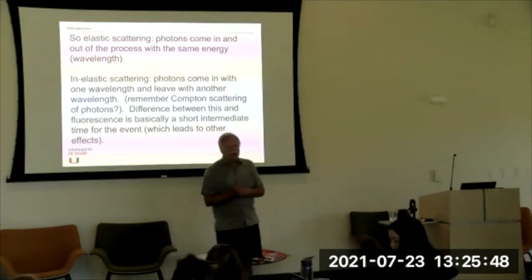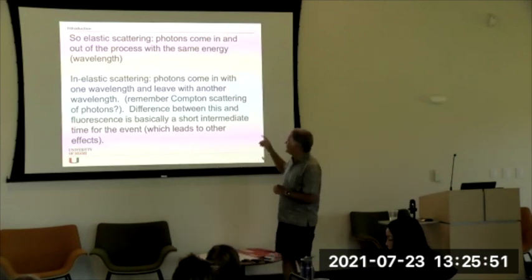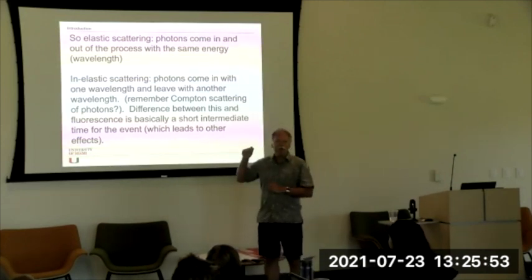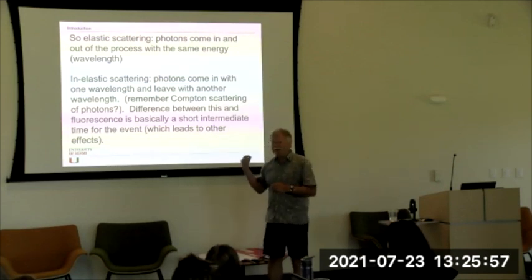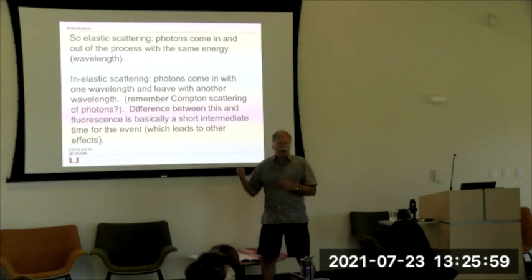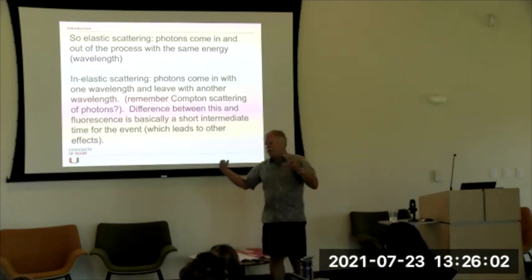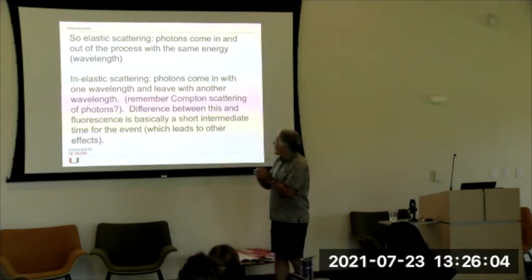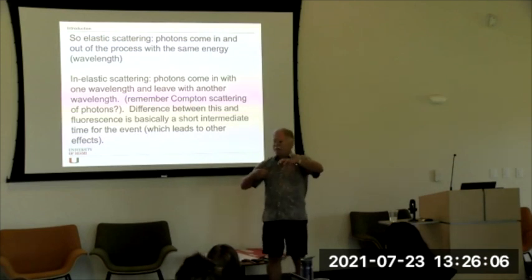So the reason Compton scattering was important was that it was probably one of the experiments that proved that there were photons, that actually there were discrete things. What happens in Compton scattering is the photon comes in and interacts with an electron.